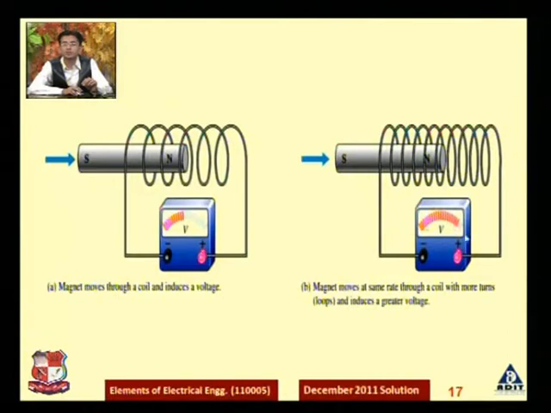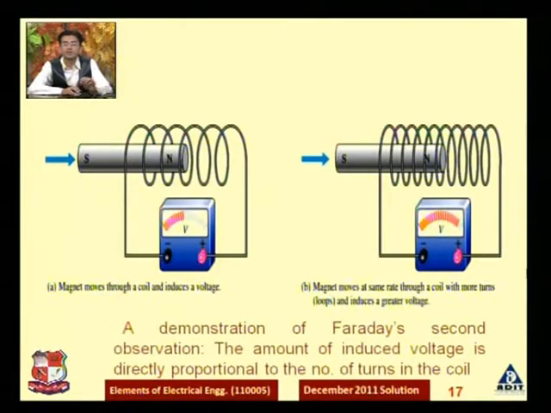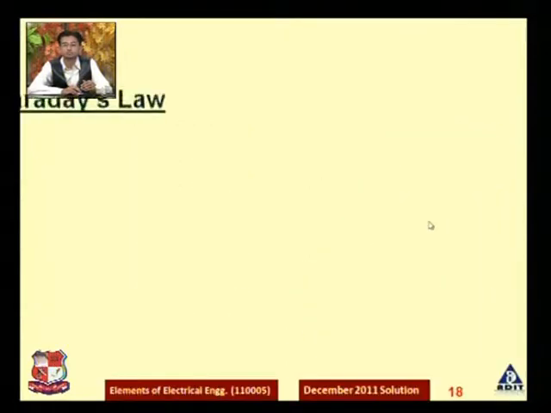So this demonstration of Faraday's second law says that the amount of induced voltage is directly proportional to the turns of the coil. If you increase the number of turns in the coil, the EMF produced with the same setup will be more.